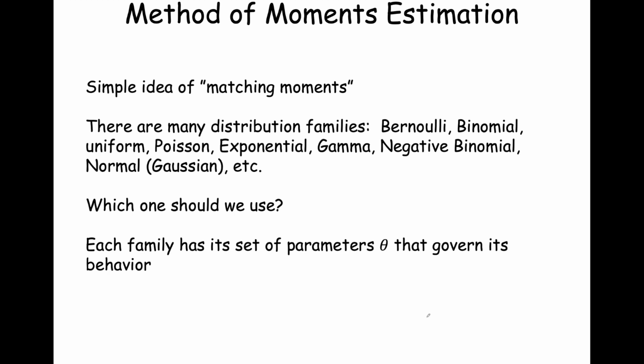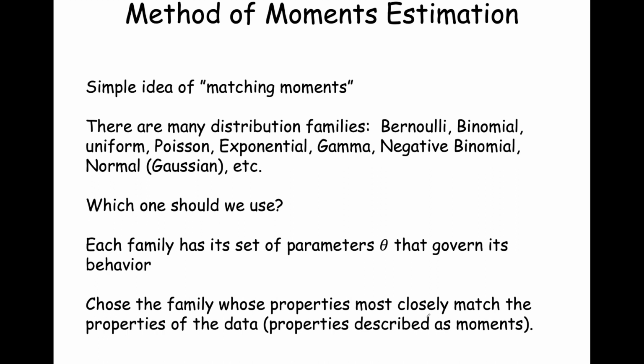For example, the Poisson has a parameter lambda. If lambda is bigger, the rate in each window of observation delta t is higher. If lambda is smaller, the rate is smaller. Each family of distributions has a set of parameters that govern the behavior, where here behavior refers to the values we will see.